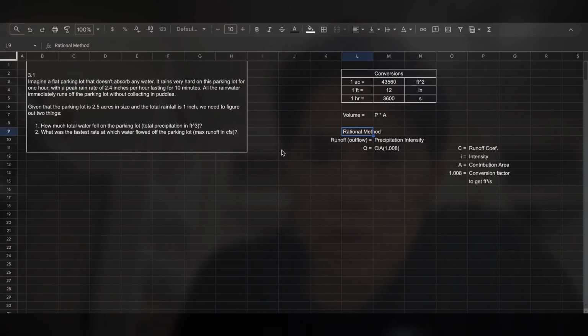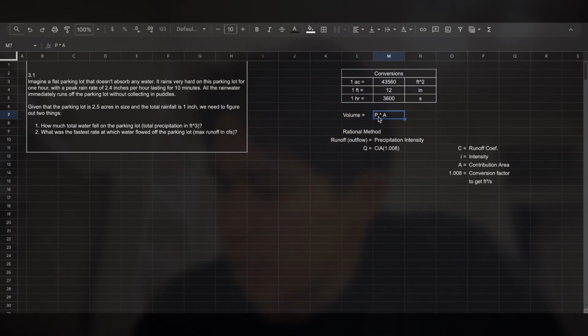I have a formula here. Total precipitation will be the volume equals the precipitation in inches times the area, the volume of precipitation. If you remember, in the very first video when I talked about precipitation, it could be represented as either inches or cubic feet, or also feet or cubic feet.